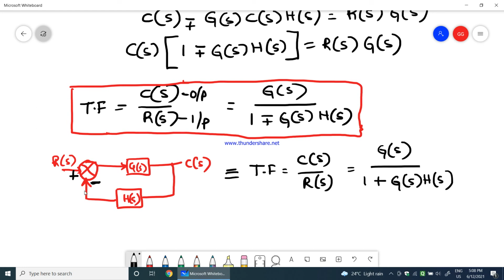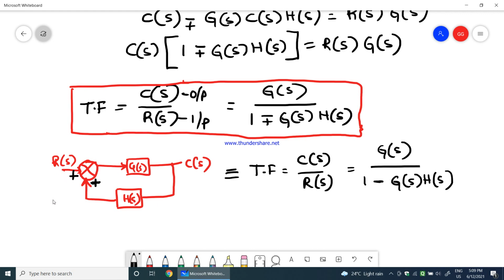Now if the feedback is positive, for example, if you have a positive feedback, then in the equation it becomes negative. Okay. So this is how we try to write the transfer function. I have done the derivation for that, but we will try to write this equation for that particular block diagram.